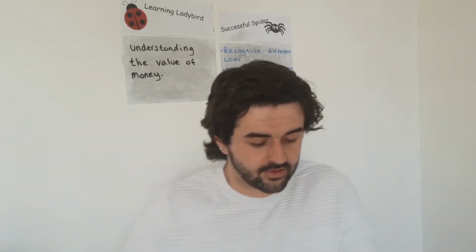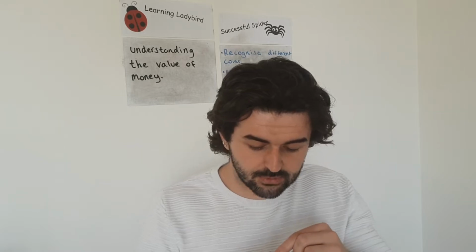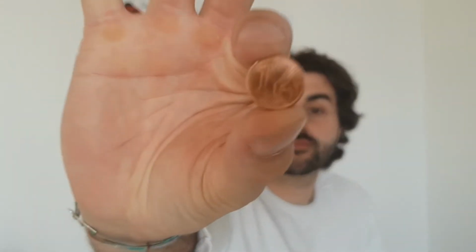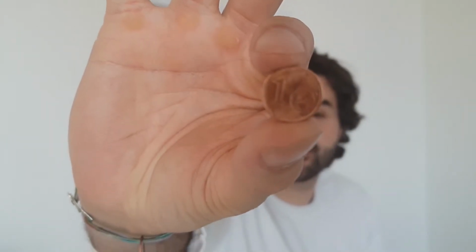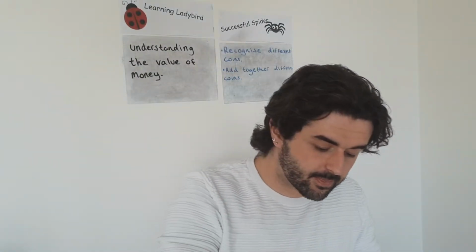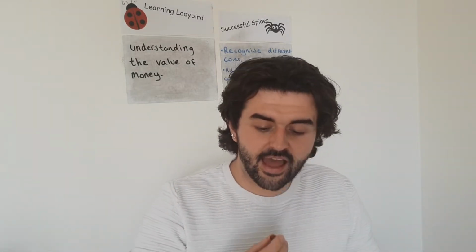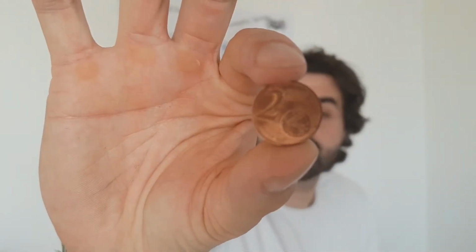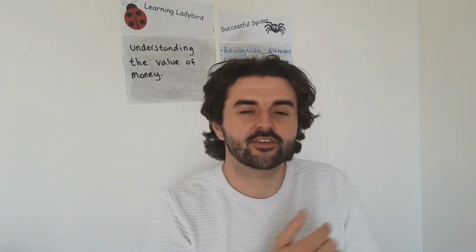Okay, so let's have a look at some of the coins. This is our smallest coin, and this is a 1 cent. Okay? This is our next smallest coin, and this is a 2 cent. What do you think comes next? Do you think there's a 3 cent?